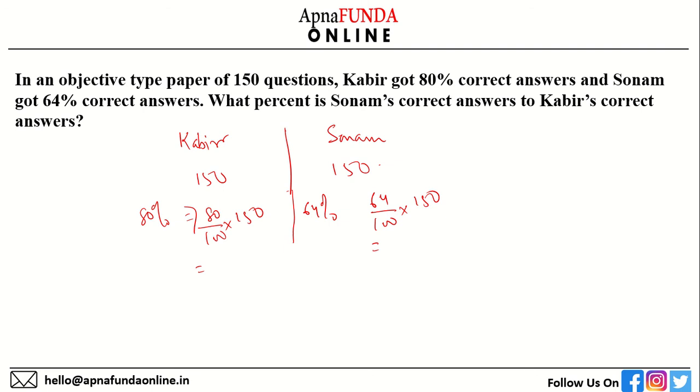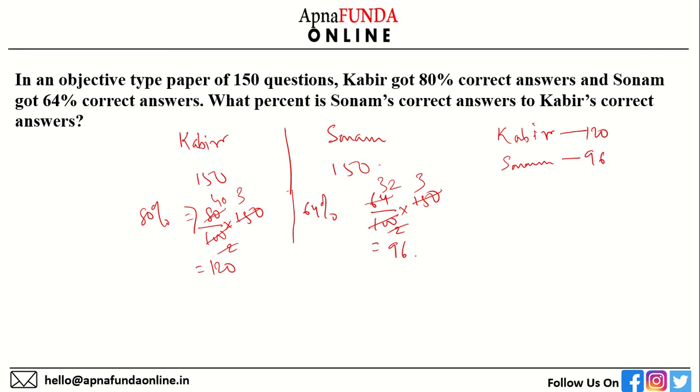So Kabir got 120 correct answers and Sonam got 96 correct answers. So we now arrive that Kabir has made 120 questions correct and Sonam has got 96 questions correct.